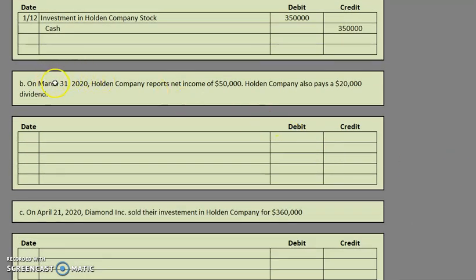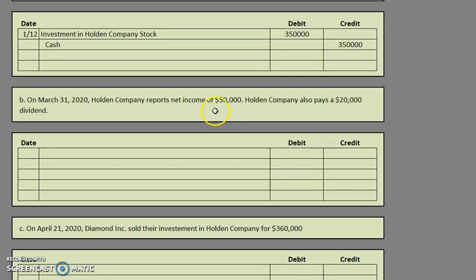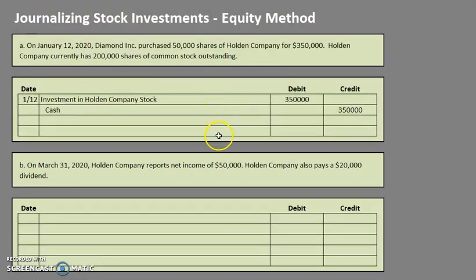On March 31st, Holden Company reports net income of $50,000, and Holden Company also pays a $20,000 dividend. Now here, the equity method is really interesting because since we assume that they could exercise significant influence over this company, any net income that Holden Company reports, we get to report a portion of that as income as well.